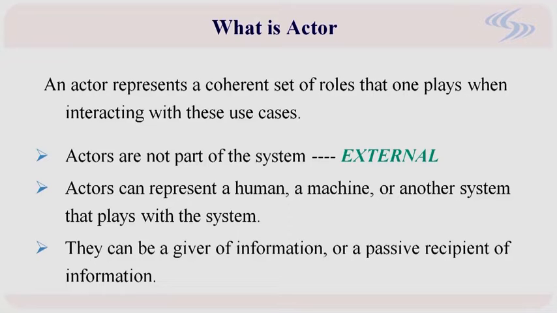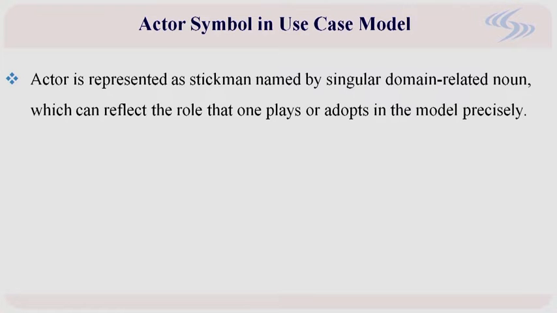That means the actors may give some information to the target system, or on the other hand, the system will give some message to the actors. In the use case diagram, an actor is represented by a stick figure named by a singular domain-related noun, which can reflect precisely the role that one plays or adopts in the model.